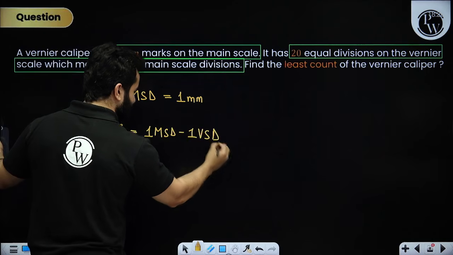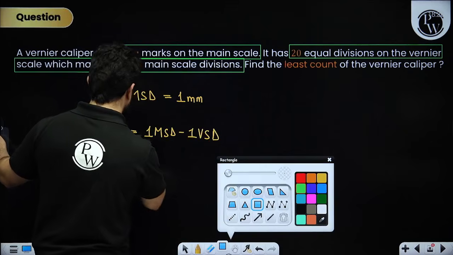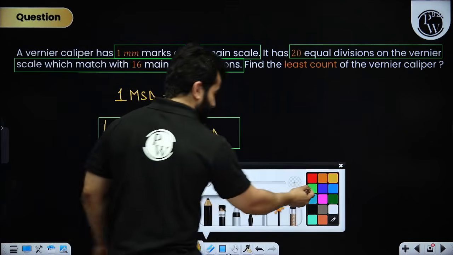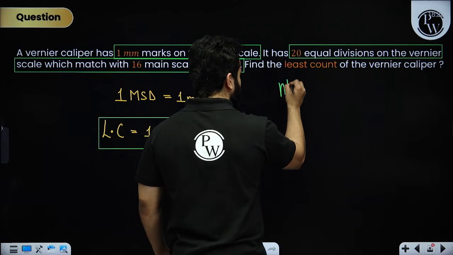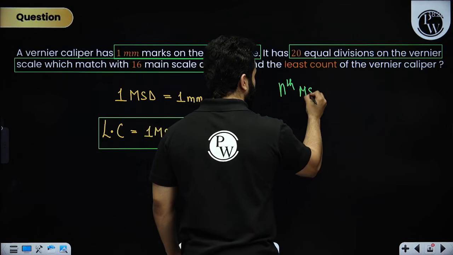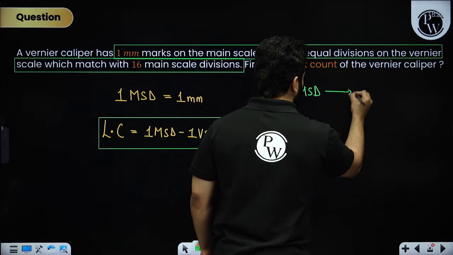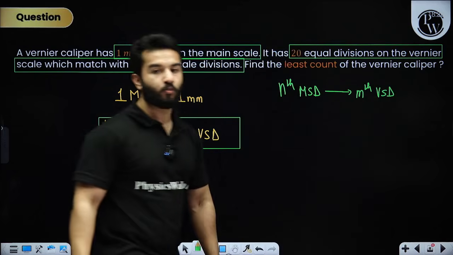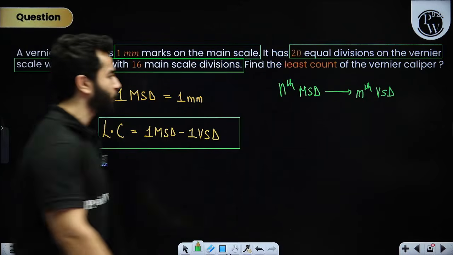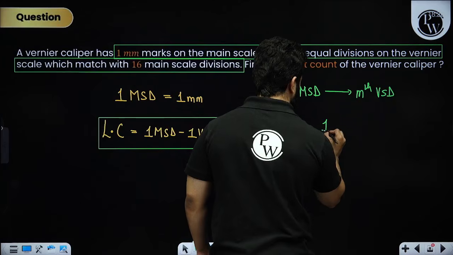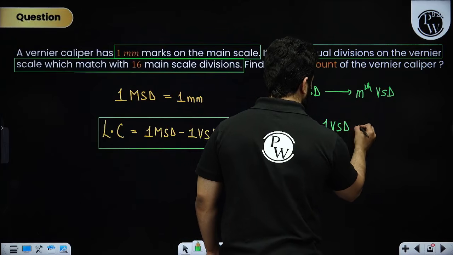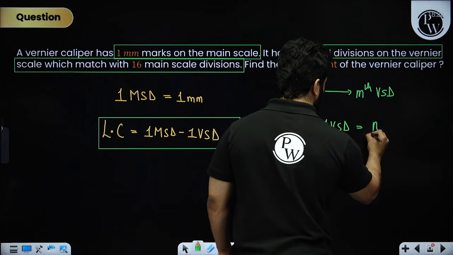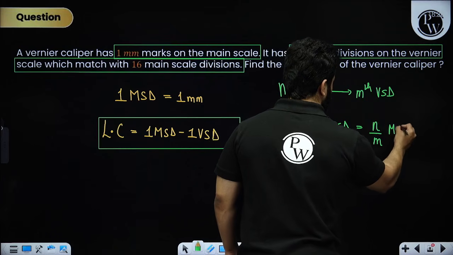Now the next thing that you must look for is where they say that the nth main scale division coincides with the mth Vernier scale division. This is the point where you must pay attention. And after this point, what we are going to write is that one Vernier scale division is equal to n divided by m main scale division.